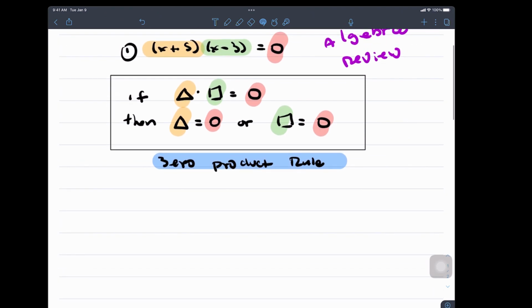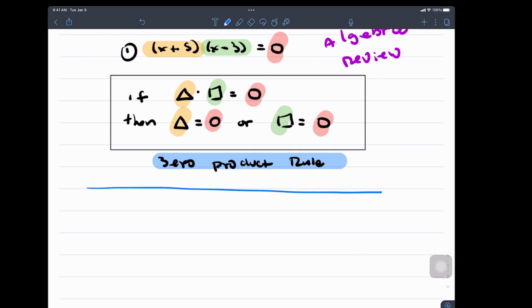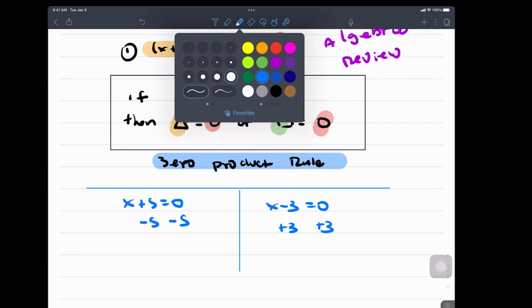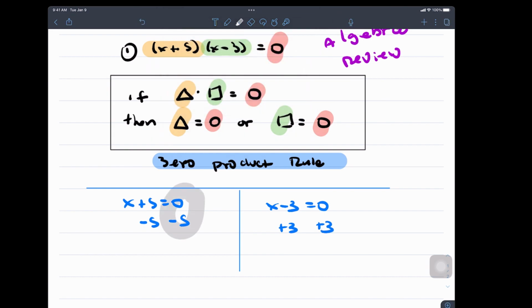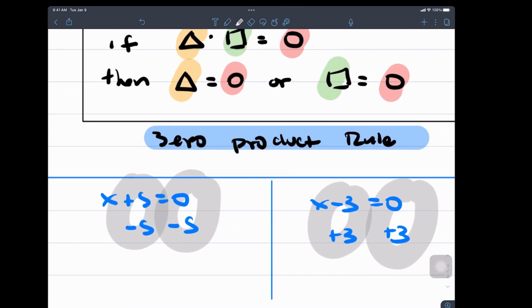Now, what happens in this case? What do you guys think you get? So now this is going to be x plus 5 equals 0, x minus 3 equals 0. So you're going to solve two linear equations here, doing your arithmetic on the left side and the right side for both of them, using the zero product rule.